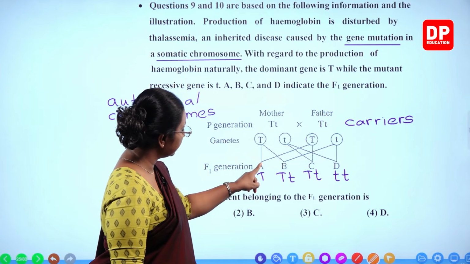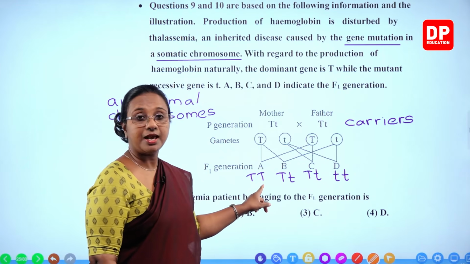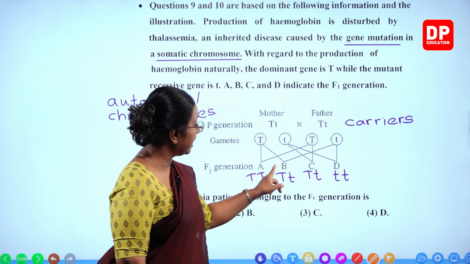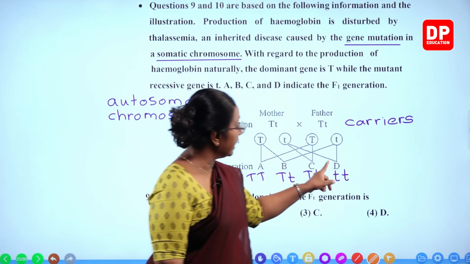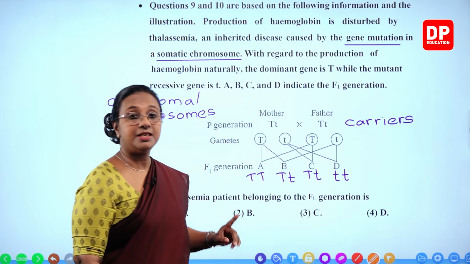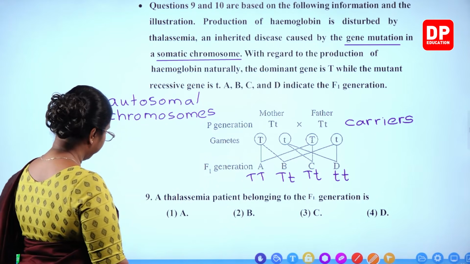So here you can see offspring A, or child A, has capital T, capital T, so healthy. Then B and C, capital T, simple T, are both carriers. And D, simple T, simple T, the child has thalassemia, the diseased child.